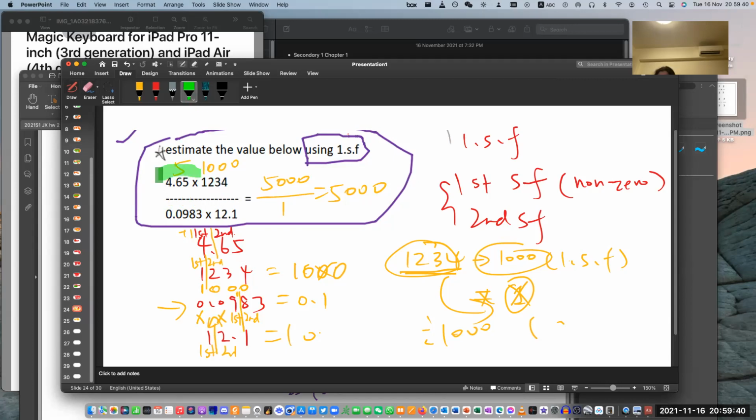Just key this into your calculator and see what answer you get. So what answer do you get?